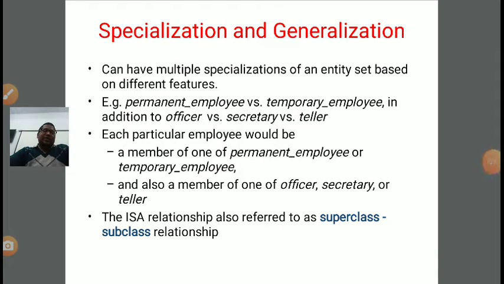To indicate specialization in an ER diagram, the ISA relationship is used, also referred to as the superclass-subclass relationship. Superclass is the top level class and subclass is the specialized class. If we go into further detail, subclasses keep on being created, right?